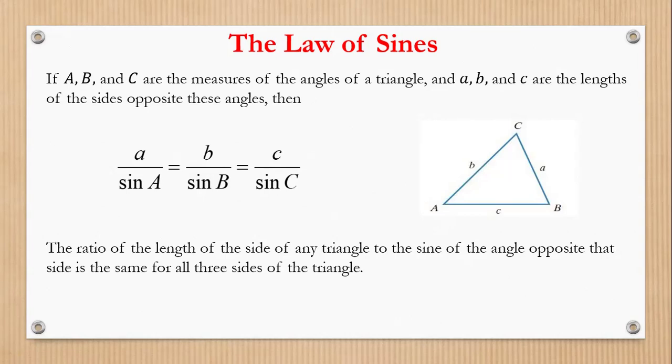Which means that if we divide the length of side A by the sine of angle A, which is opposite to that side, this ratio should be equal to side B divided by the sine of angle B, and side C divided by the sine of angle C. These three fractions, these ratios, are exactly the same. And we are going to use these fractions to solve any oblique triangles.